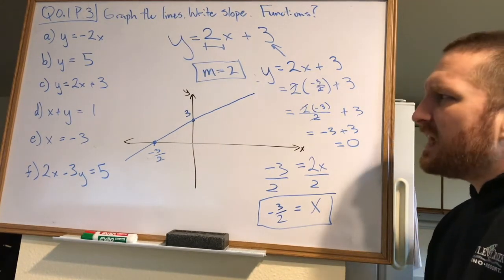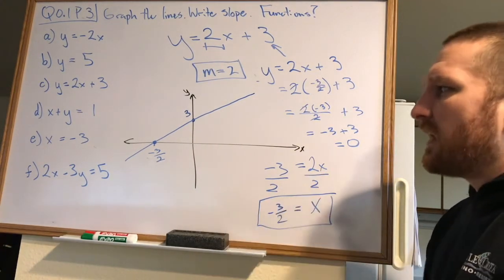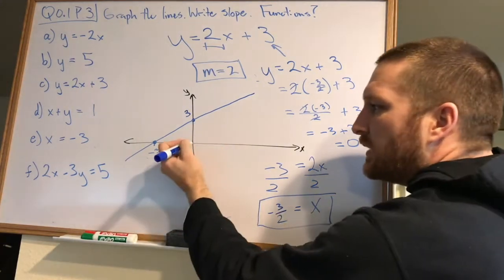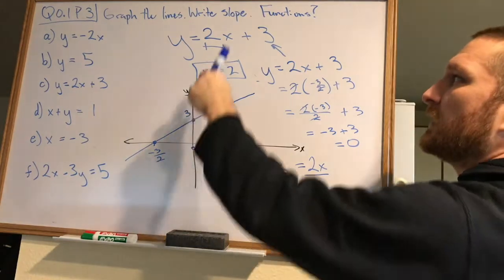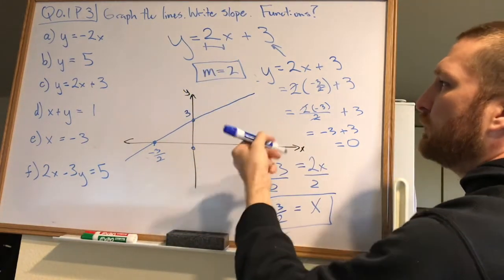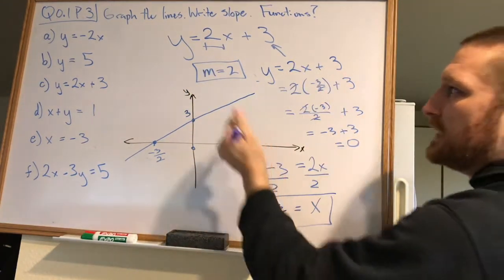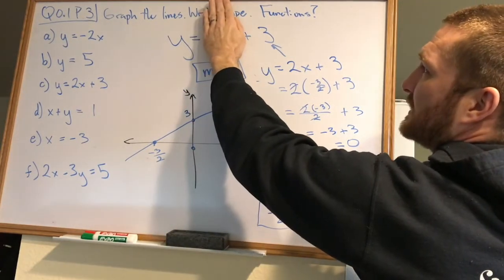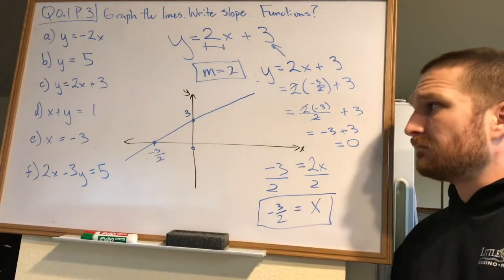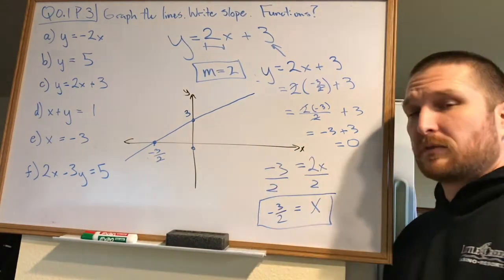Another thing we could do to make sure is this says that when we plug in a 0, we should get out a 3. If I plug in a 0, 2 times 0 is 0. That goes away, and so y is just equal to 3. And that is what I'm looking for.